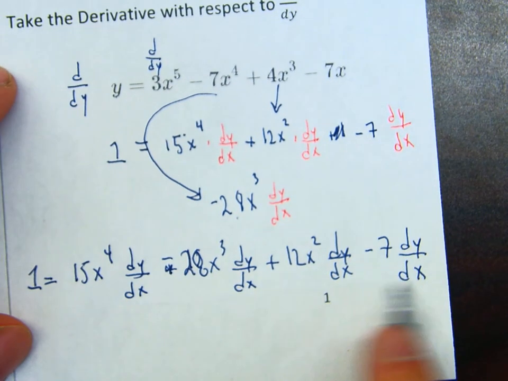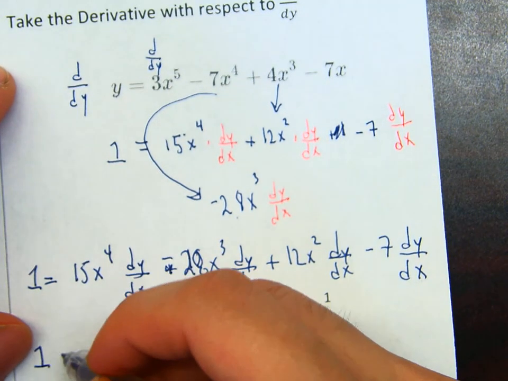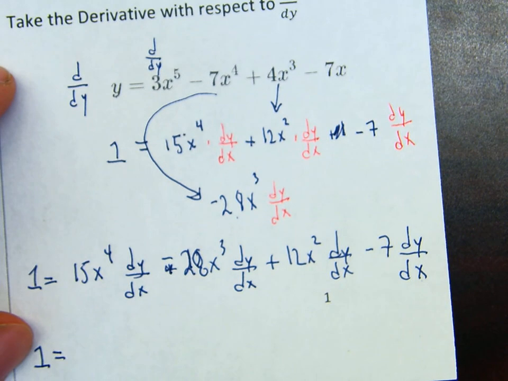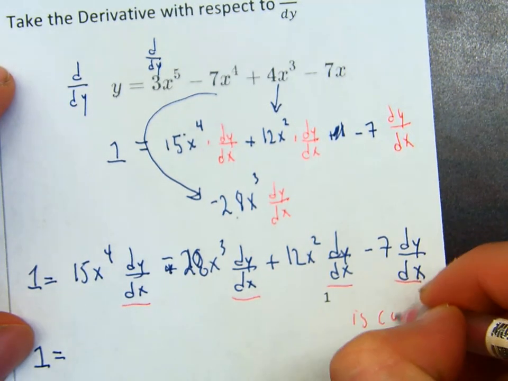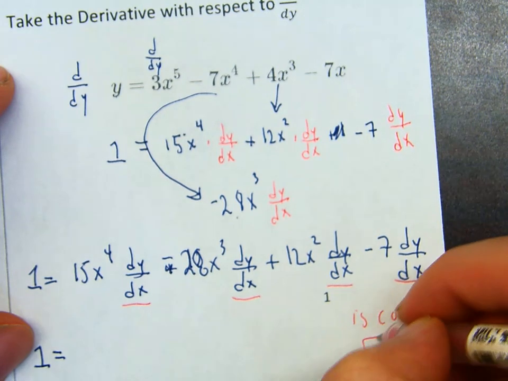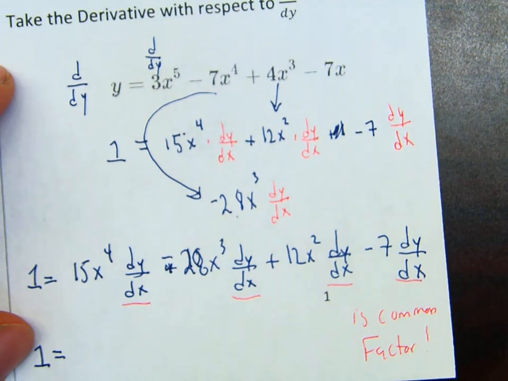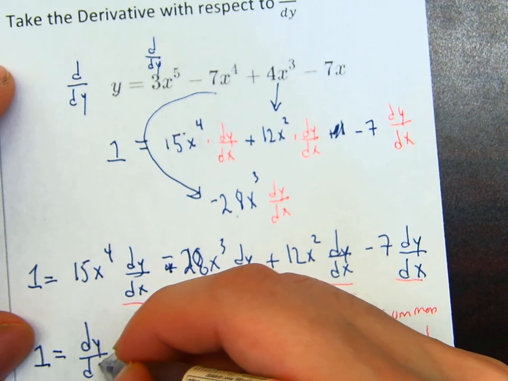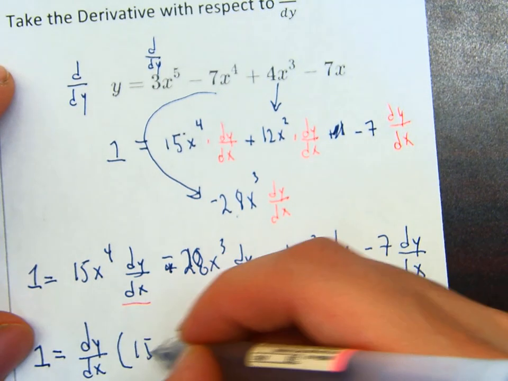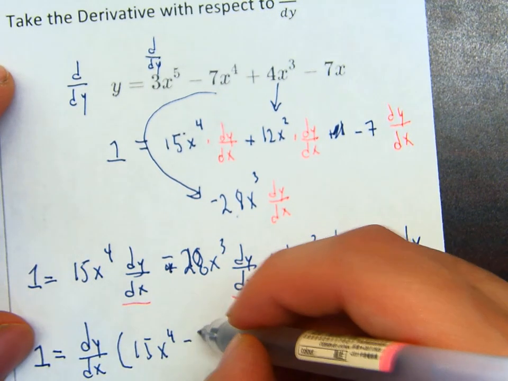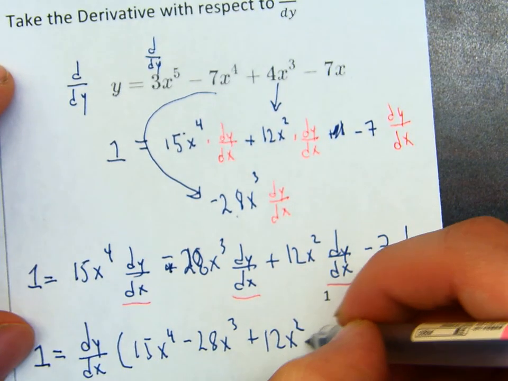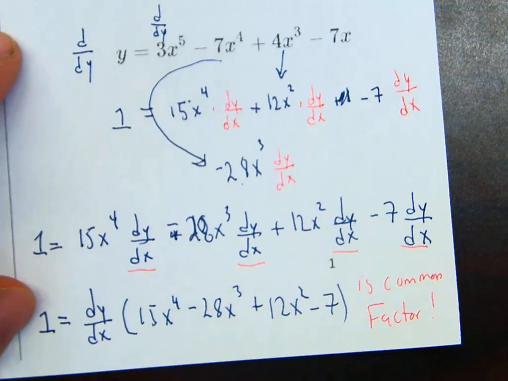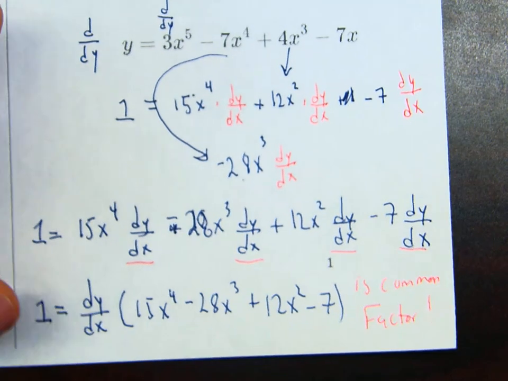Okay, and what you could do here is notice that a dy dx is common. So just think factor, right? You could factor a dy dx from all of them, and then it's just 1 equals dy dx times 15x to the fourth minus 28x cubed plus 12x squared minus 7, because you're factoring out that dy dx.